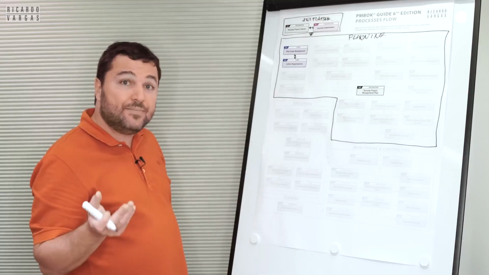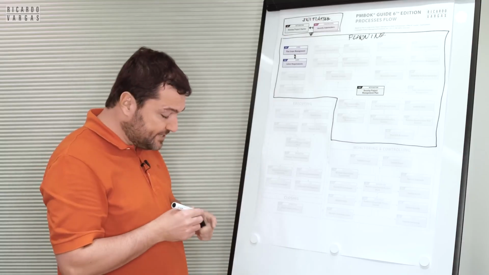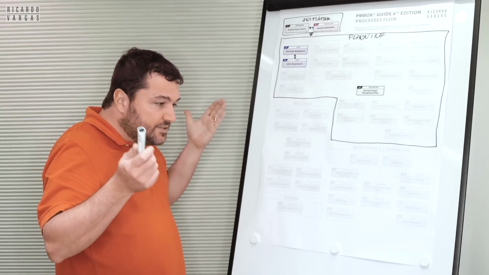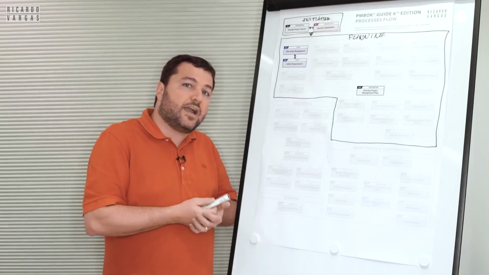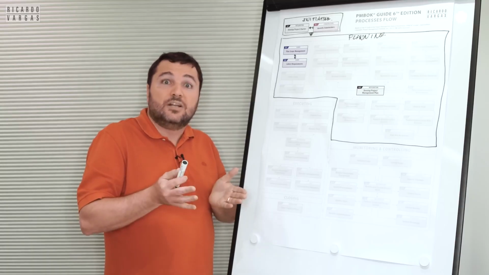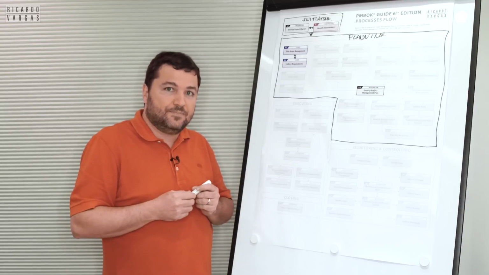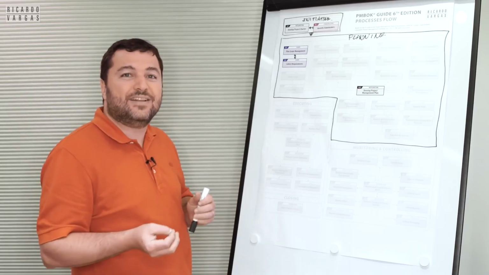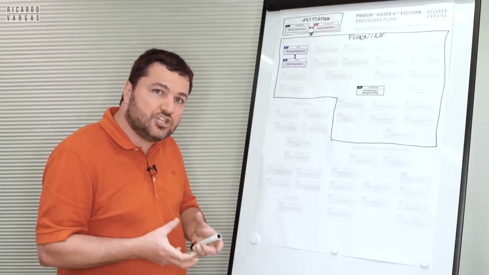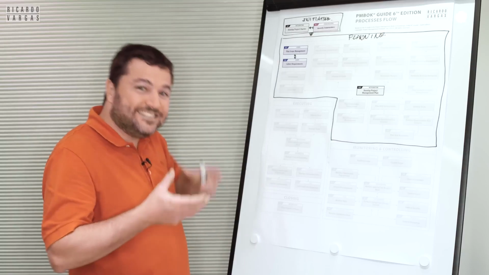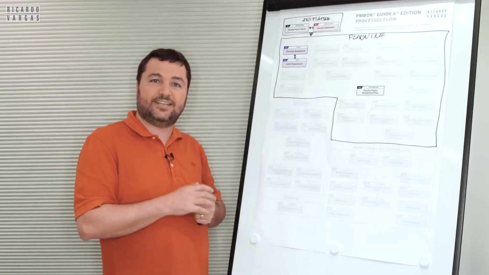For example, the requirements can be functional requirements. For example, I want an electric door in my car. This is a functional requirement. What is a technical requirement? It's the size and the characteristics of this engine to support that door opening automatically.